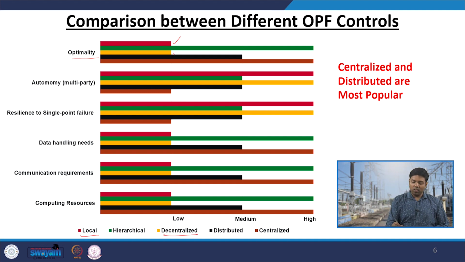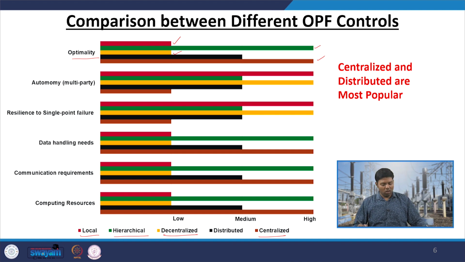Decentralized will also give you the lowest, because you are not operating for the sake of the entire network, just for your own benefit. The highest optimality is guaranteed when you have a central controller in place, that means you solve your problem in a centralized or hierarchical manner. The distributed algorithm will give you a medium level solution. It is not the highest optimality, but it is not the lowest either.